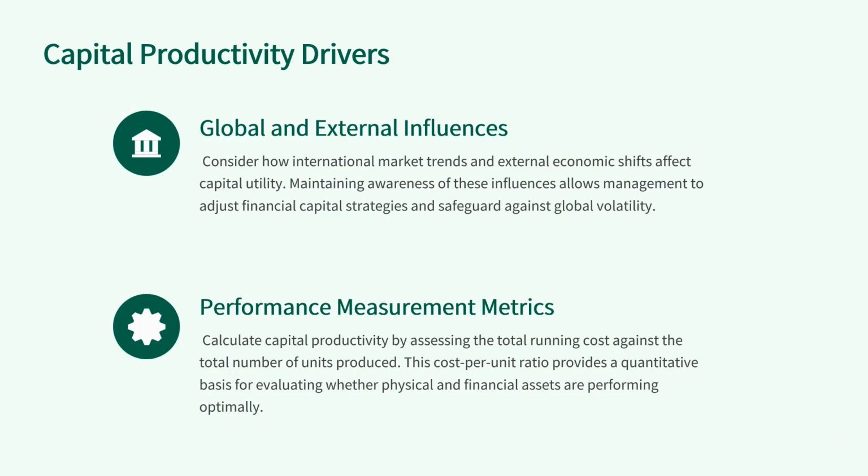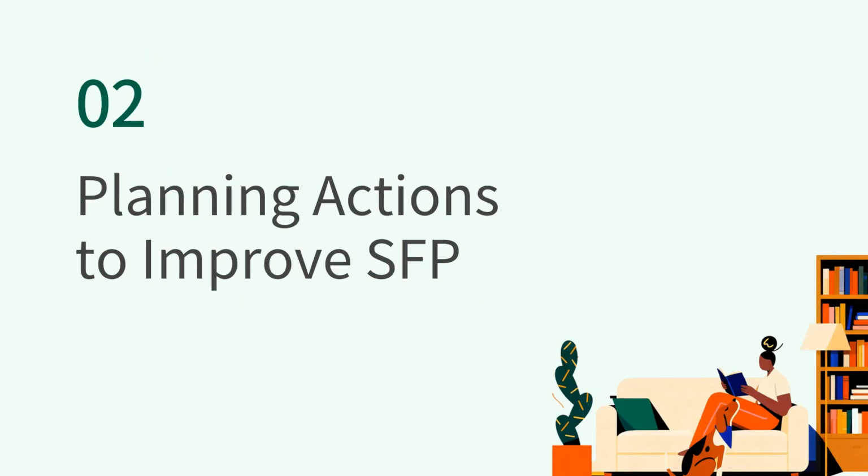Then we look at global and external influences, like I just mentioned, when there's a war somewhere, and then performance measurement metrics. So calculate capital productivity by assessing the total running cost against the total number of units that were produced.